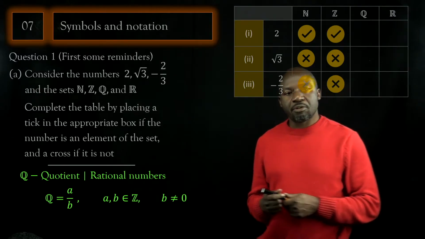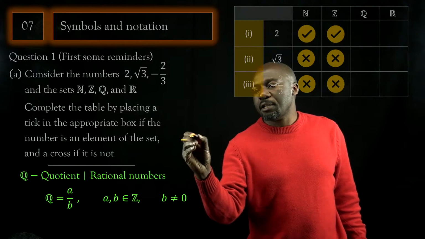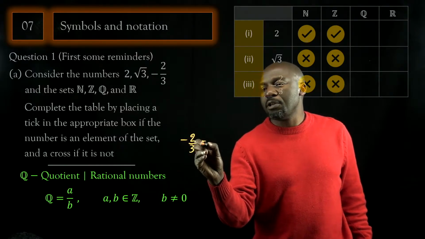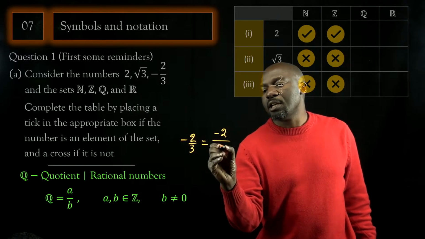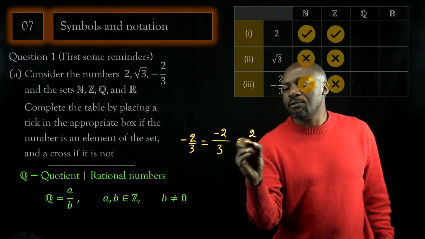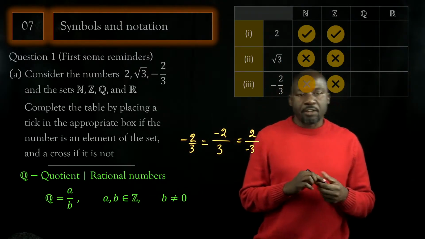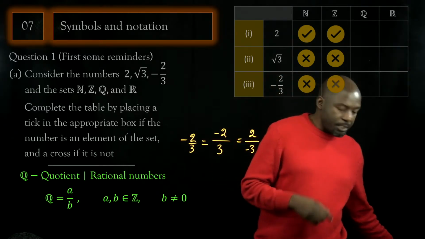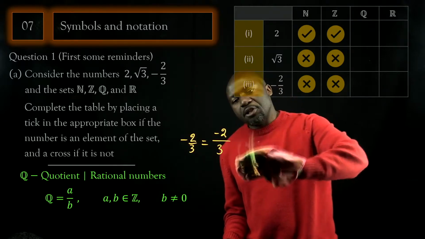What about minus 2 over 3? Well, minus 2 over 3 can be written as minus 2, that's an integer, divided by 3. But we can also write it as 2 divided by negative 3. Either way, they mean the same thing. And so that last one can also be expressed as a ratio of 2 integers.